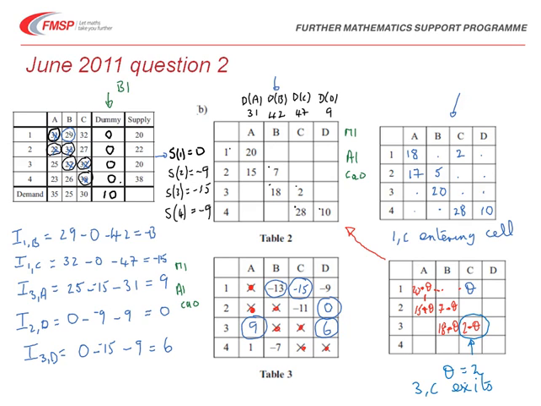It's just a case of producing the values and putting them in there. In doing the stepping stone method, there was a method mark and again an accuracy mark given for those. And the accuracy mark was for stating the entering and exiting cells along with the value of 2.